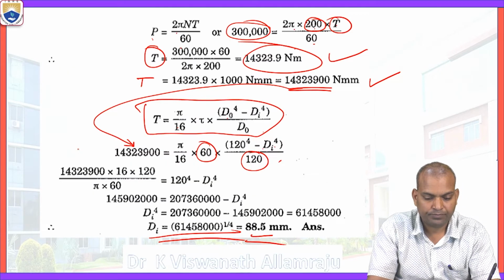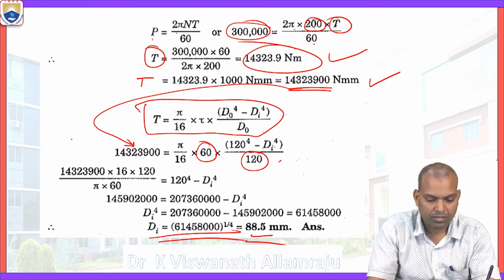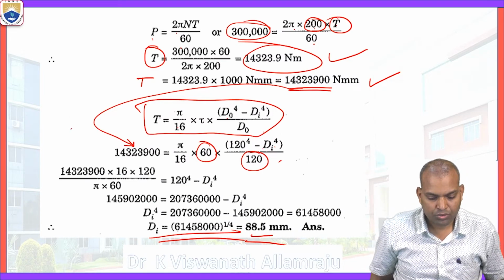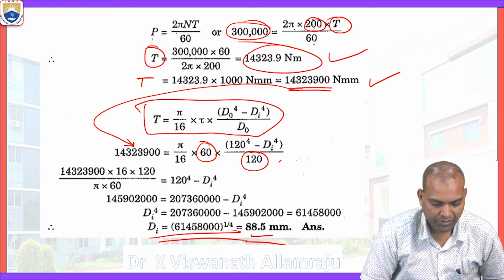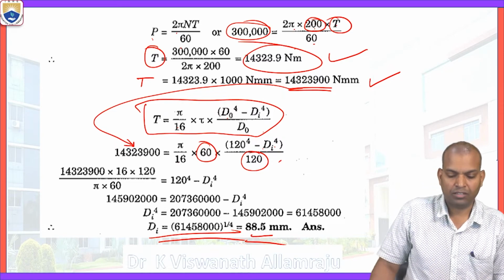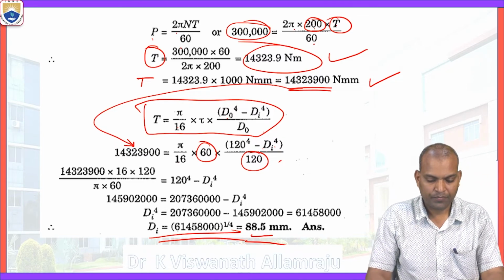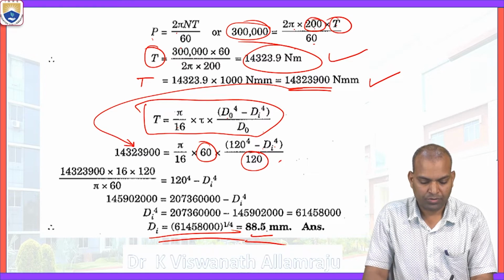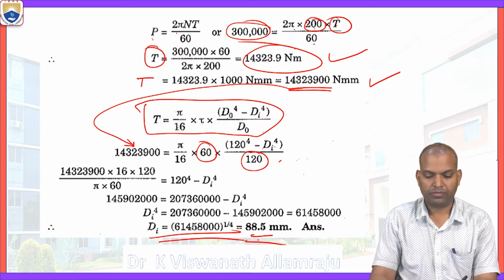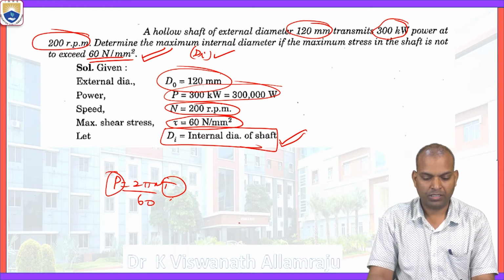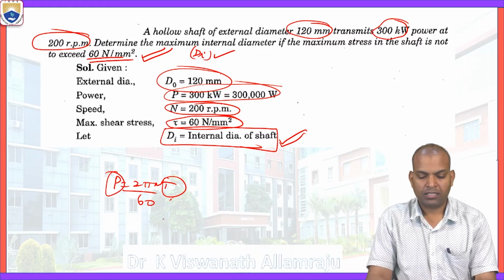Now here, suppose they ask you in terms of outer diameter, and they have given the inner diameter. If you want to calculate the outer diameter for the same problem, suppose you substitute 88.5 millimeters in the problem, where Di is the internal diameter.